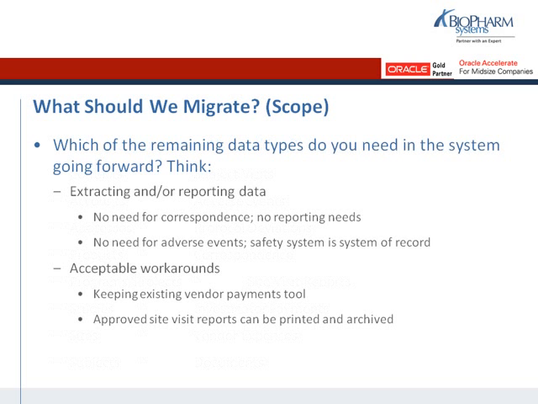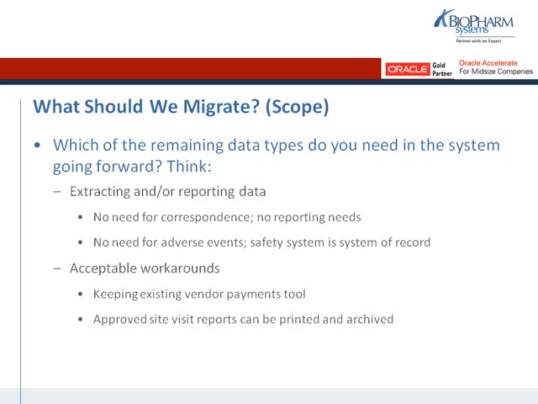So now that we've made a clear mapping of data types and have identified what actually can be migrated, we must determine the business need for that data in the new system. So we need to consider the data need for historical and active studies.